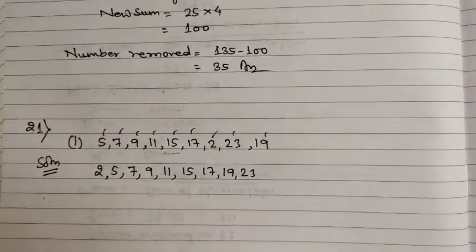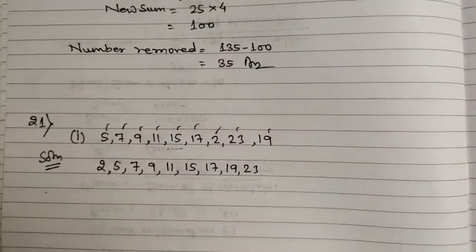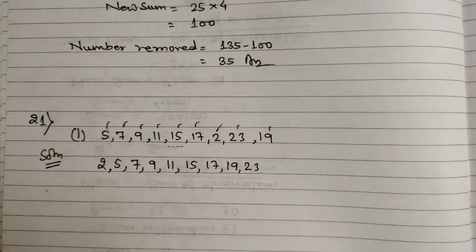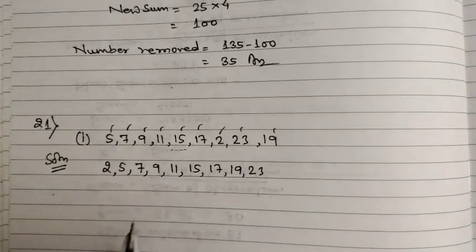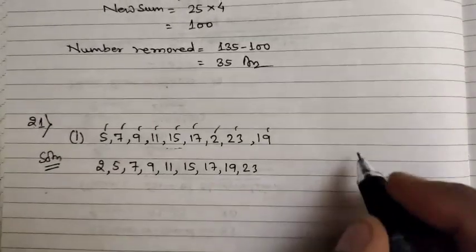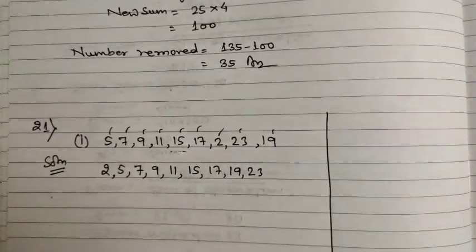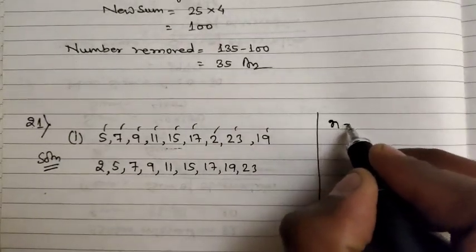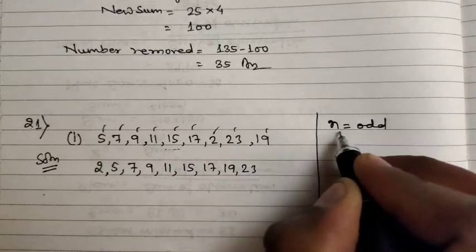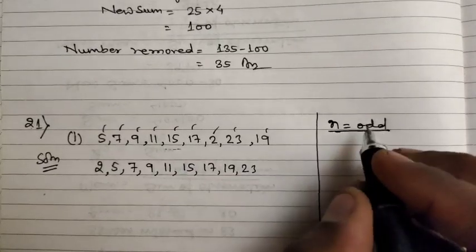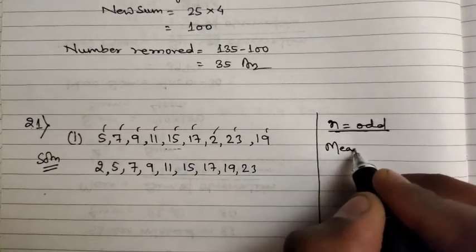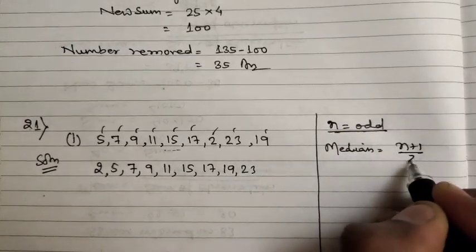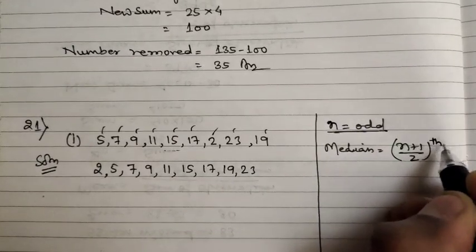Now there are two formulas for calculating the median, and those two formulas depend upon the number of terms. These are the terms. How many terms are there? For odd terms, here I am writing the formula. If the number of terms n is odd, the median is equal to the (n plus 1) by 2th term.